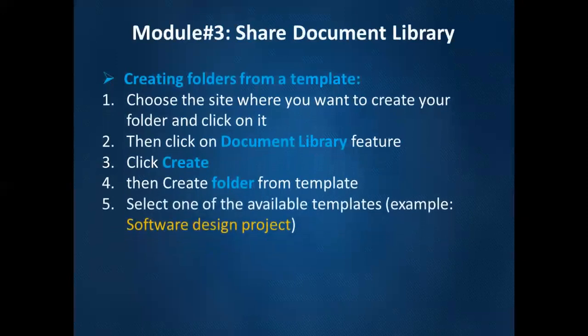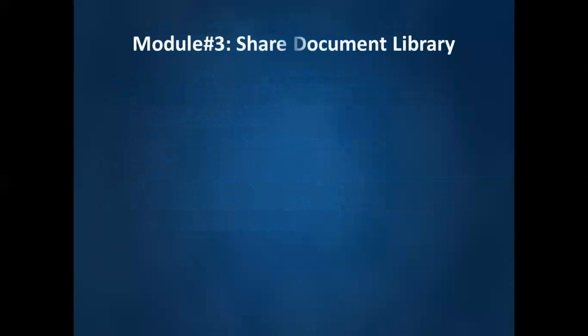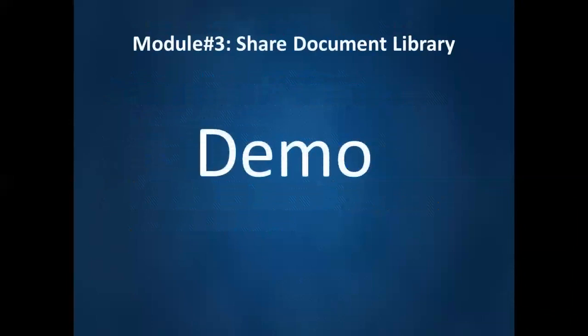Select one of the available templates, for example, Software Design Projects. Give a name, title, and description to your folder and click Save. Let's see how we can create our folder using a folder from templates.